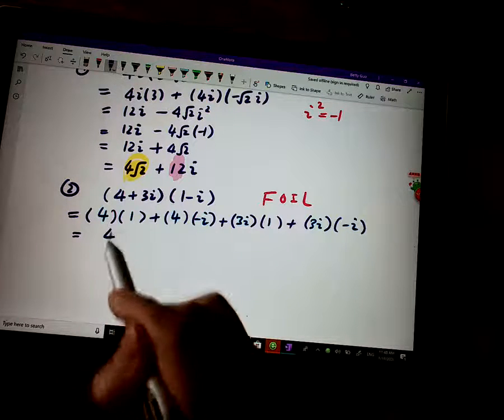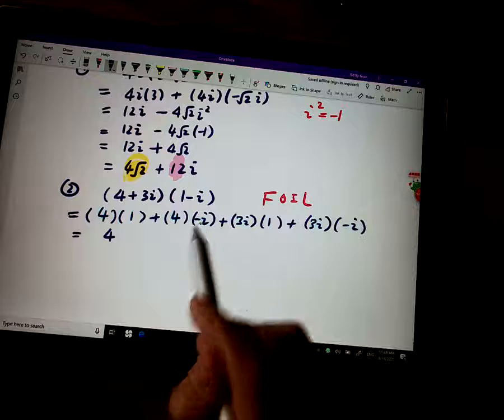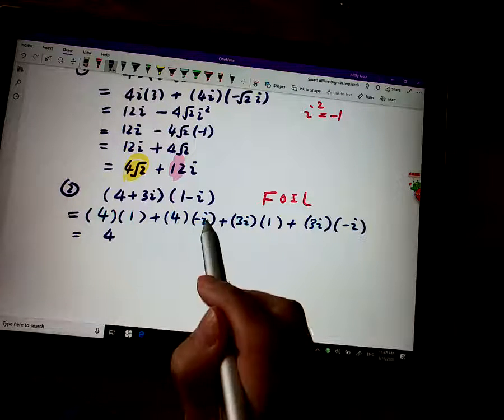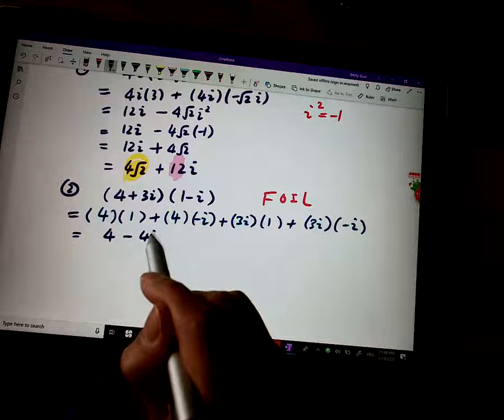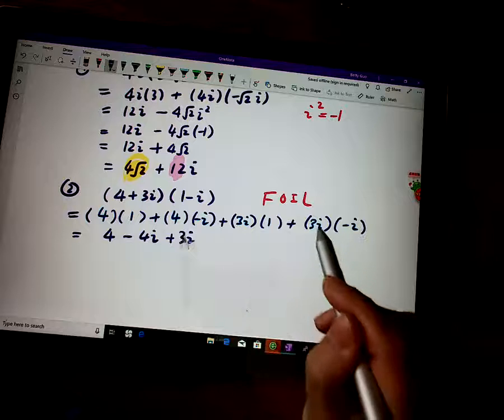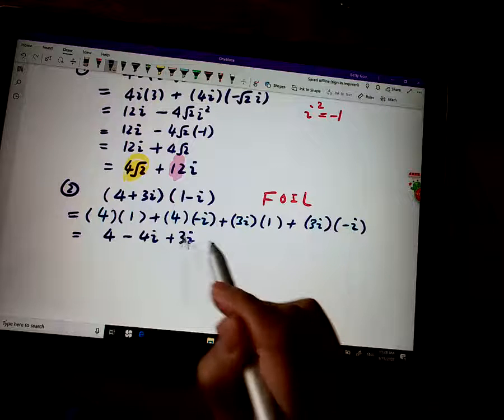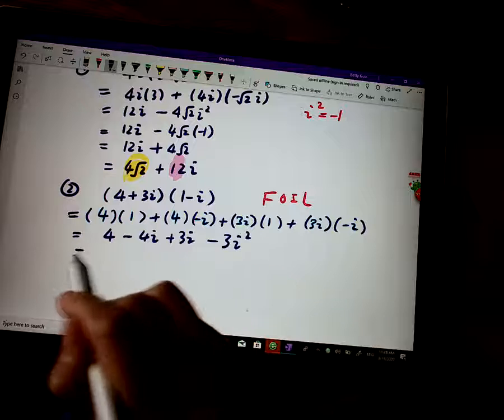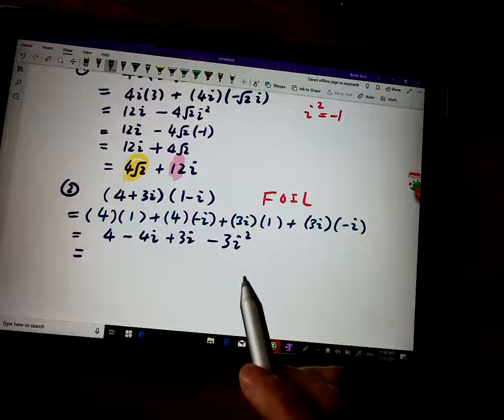4 times 1 is 4. 4 times negative. Remember, always determine the sign first. Positive, negative, negative 4i. Positive, positive, positive 3i. Positive, negative, so negative 3 i squared. Again, don't rush. I know you know i squared equals negative 1.